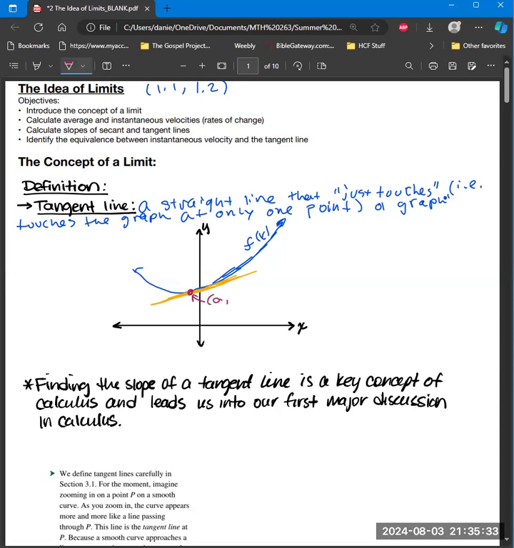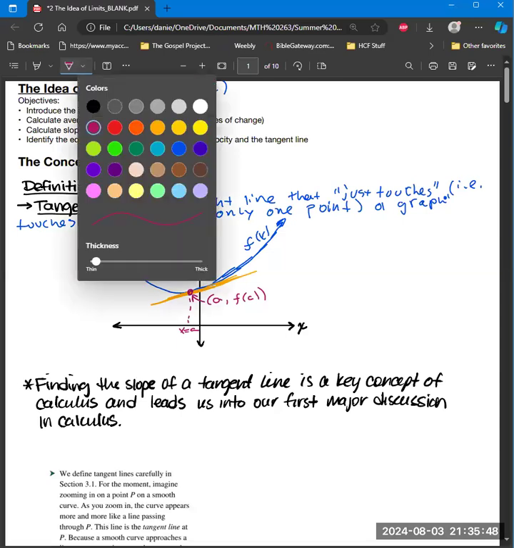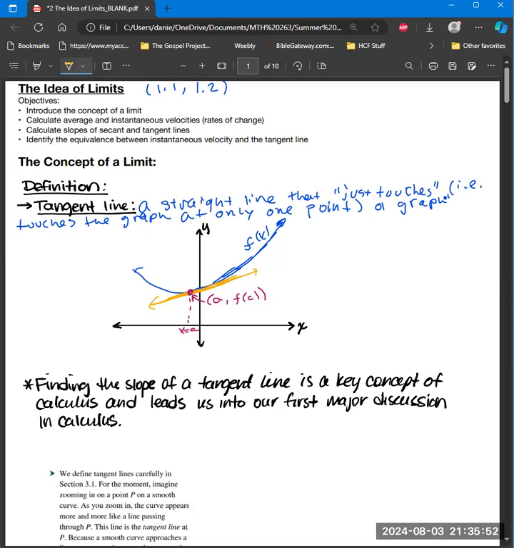A, f of a, and this x equals a. Lots of times we'll actually call that point there C, but this line here is going to be y equals mx plus b, right? And it's going to have the point a, f of a, on it.